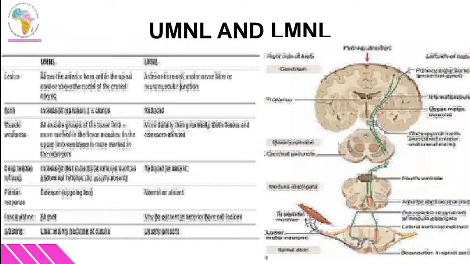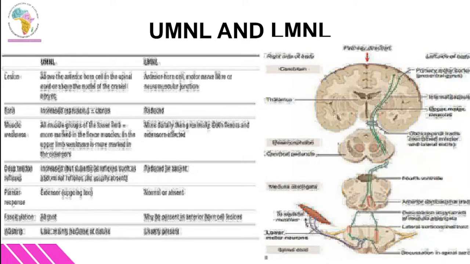Upper motor neuron lesions can be due to different etiologies. A stroke can be an example of an upper motor neuron lesion.